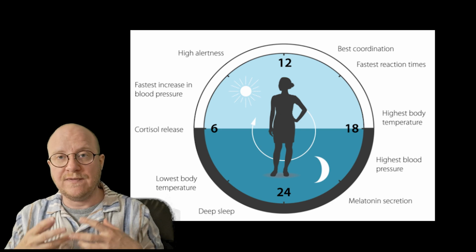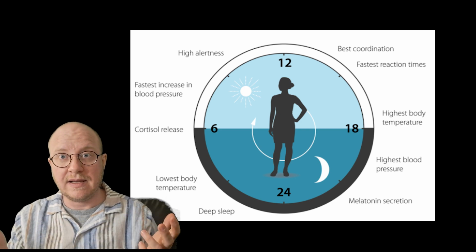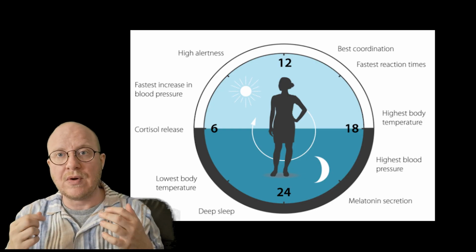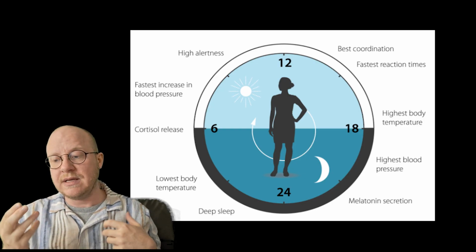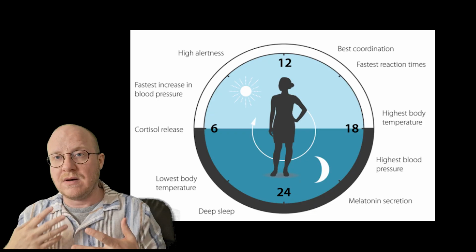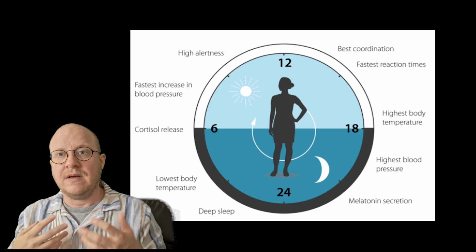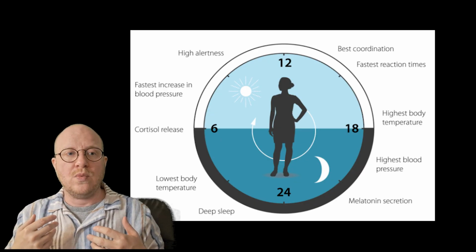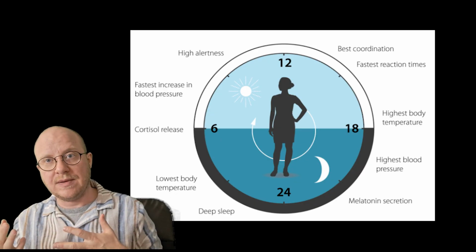Sleep patterns, so when you feel sleepy, when you feel awake, the actual falling asleep also is kind of part of that. So circadian rhythms, all animals have them, which is like the pattern of when you feel sleepy and when you feel awake.